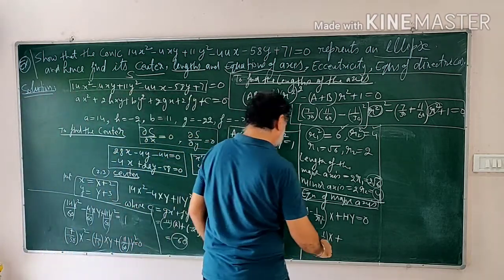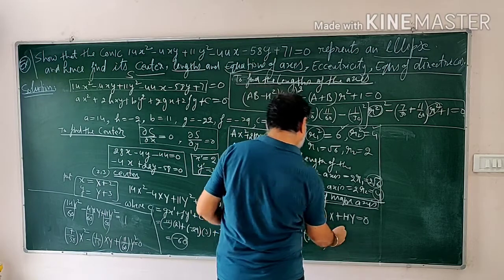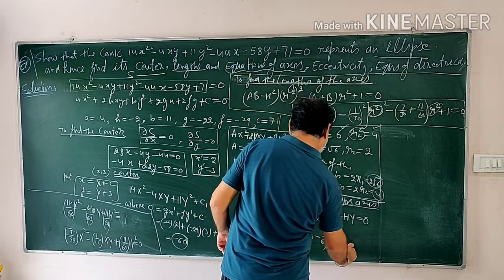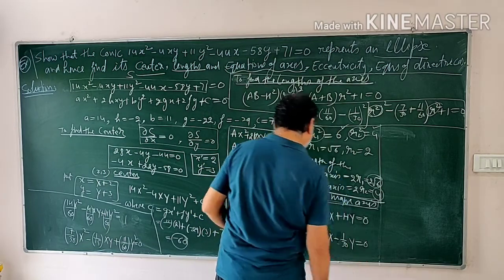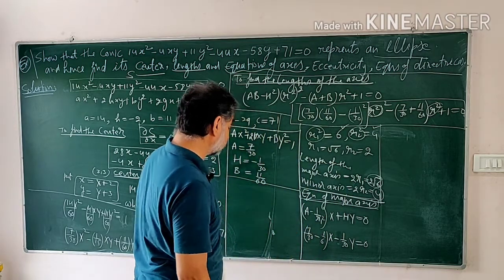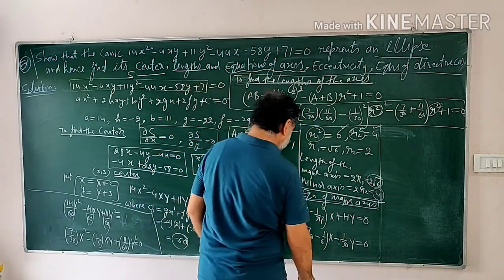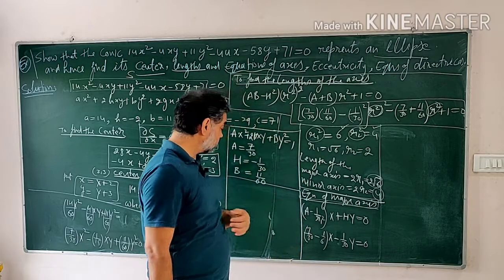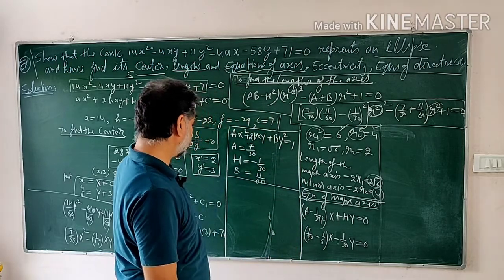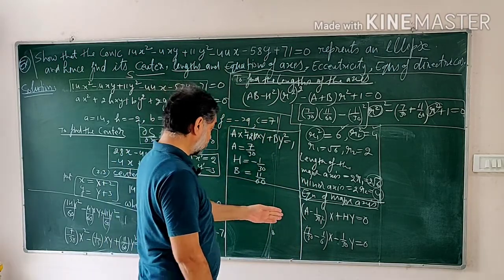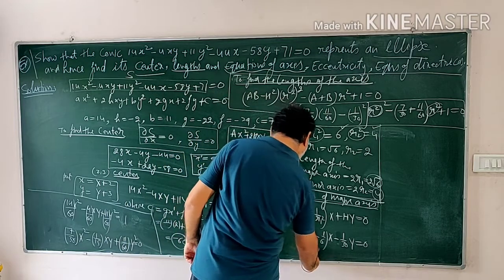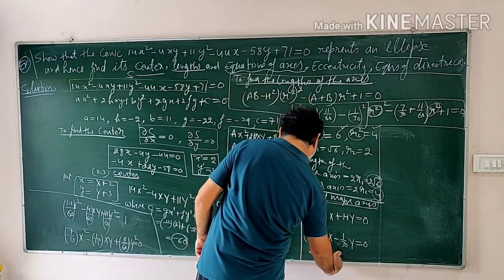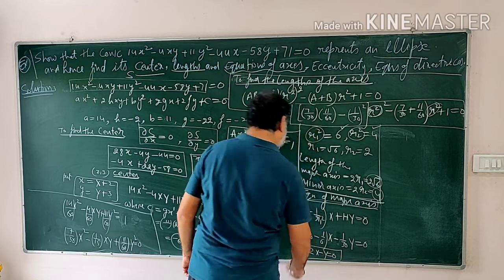So this equation can be written as 2 by 30, so this is 2X minus Y equal to 0.